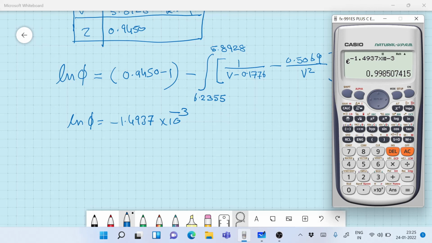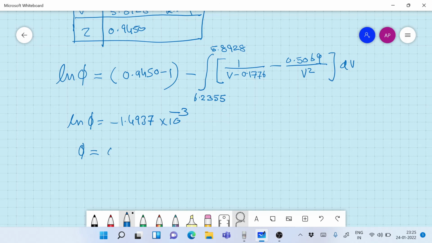And that's 0.9985, and that is the answer. Phi is equal to 0.9985. Yes, that is the right answer.